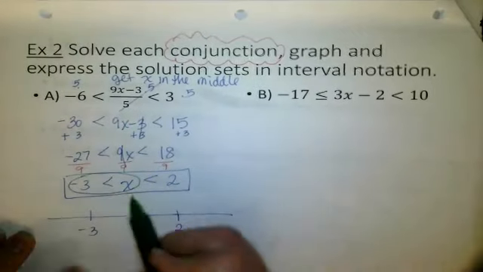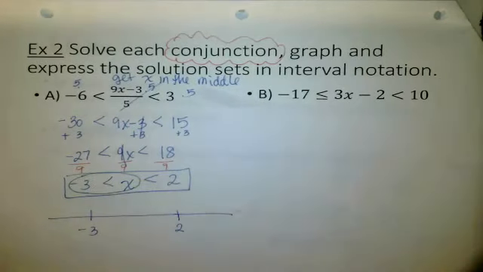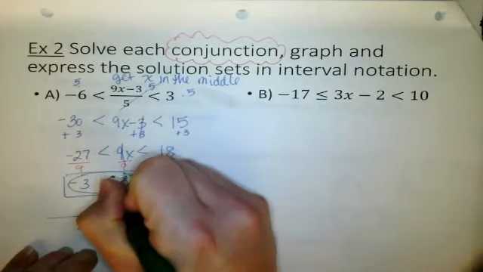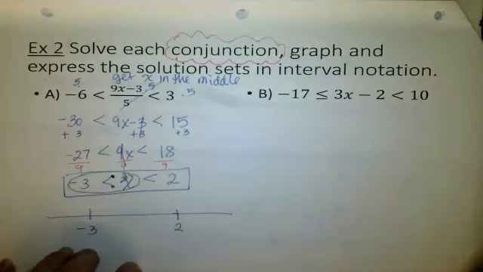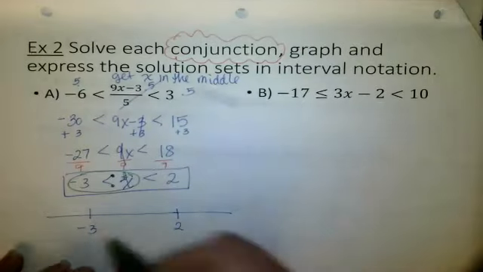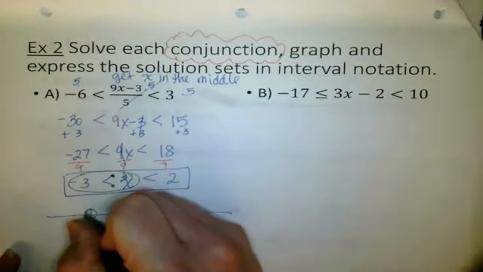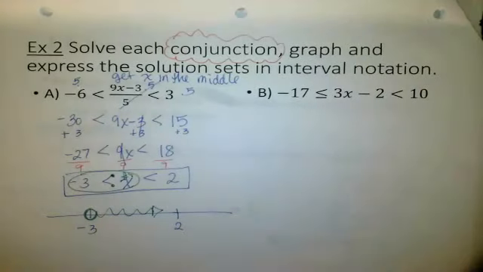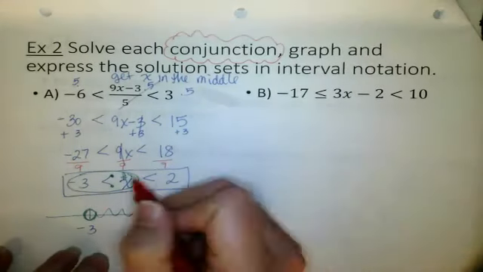So here on the left, I have one inequality that says I want numbers greater than -3. Where are the numbers greater than -3? To the right. They go to the right forever. But I'm not going to draw them forever on purpose. We'll talk about that in a second.